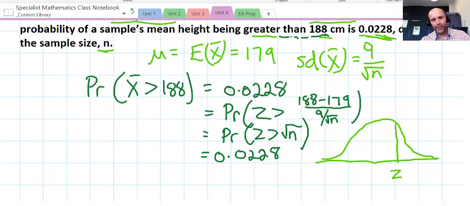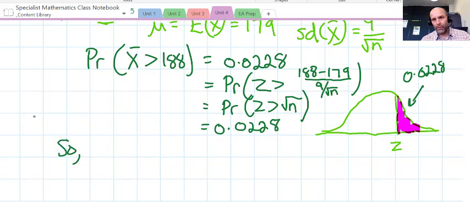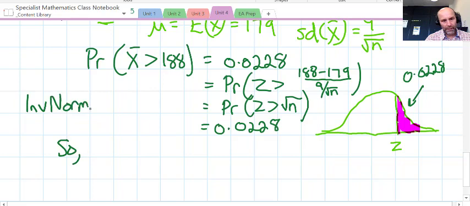The probability of something above that, roughly looking at that, is 0.0228. Now I want to use inverse normal from our graphics calculator, which is cumulative and goes from left to right, you might recall, from minimal to more maximal.